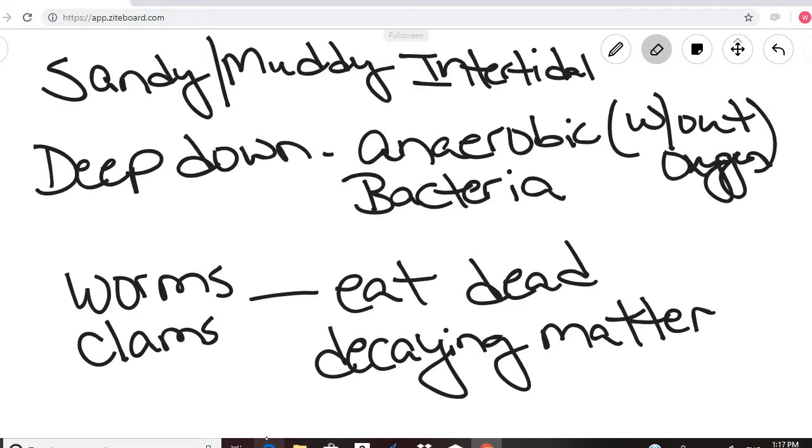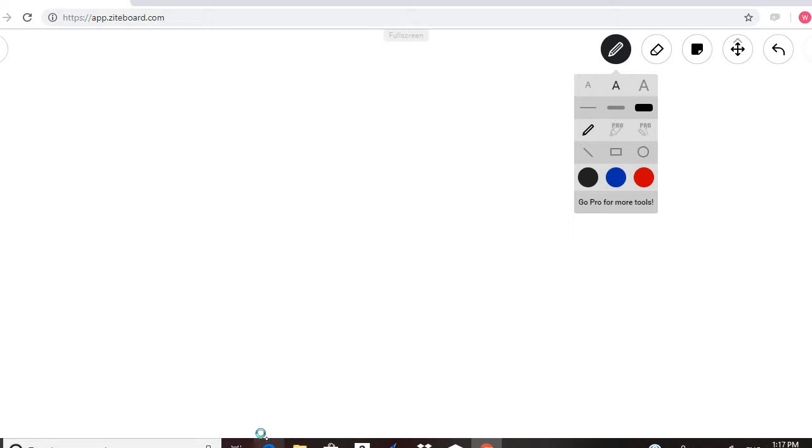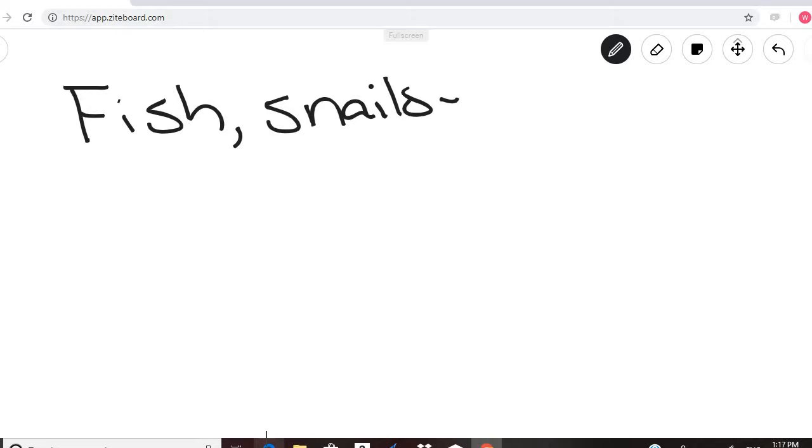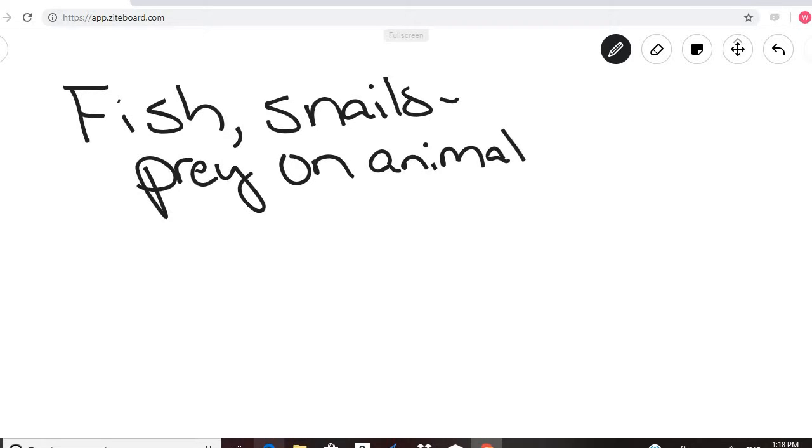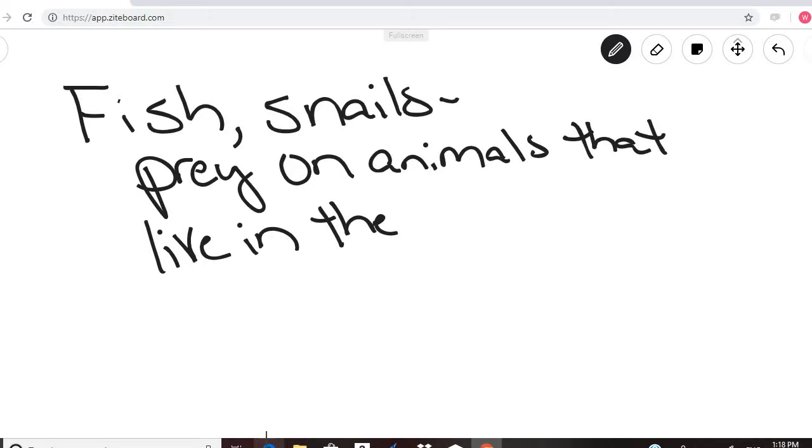What about predators in this area? In a sandy tidal area, fish and snails will tend to prey on animals that live in the mud. What they will do is eat the soft or fleshy parts that are sticking out.